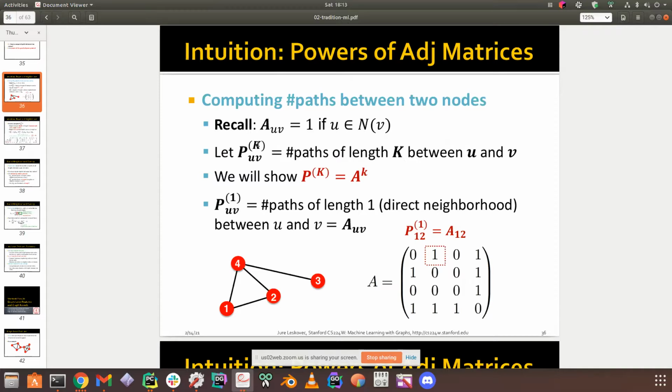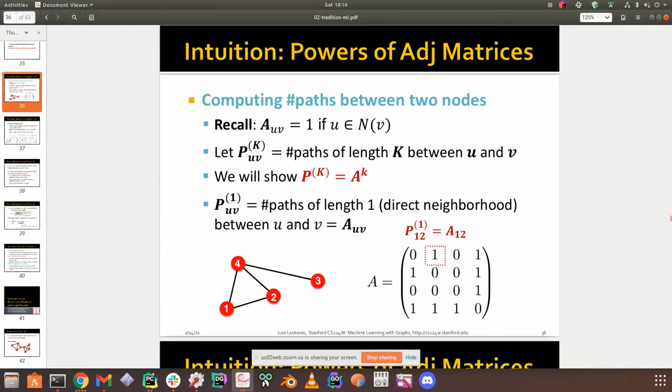So here, if you take the two nodes as 1 and 3, then the number of paths of length 2 between these two is 1, and paths of length 1 is 0, and length 3 is also 0.